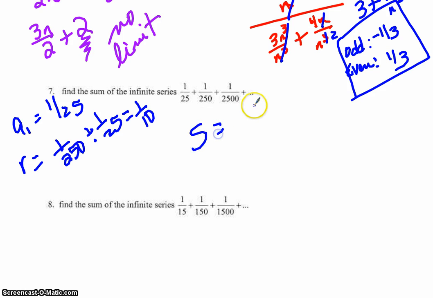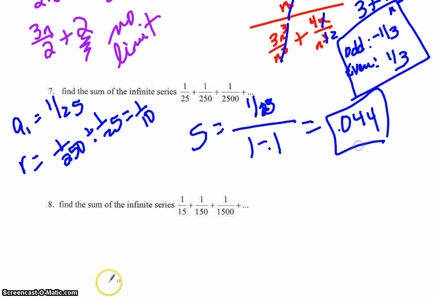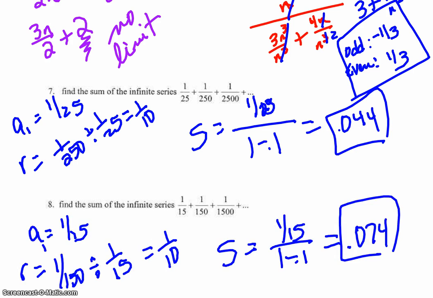So S is equal to 1 over 25 all over 1 minus 0.1. If you punch that in, you get 0.044. I'm running out of time, so I wrote everything for number 8 here. A1 is 1 over 15, R is 1/10. Punch it in and you get 0.074. You're ready for your assignment.